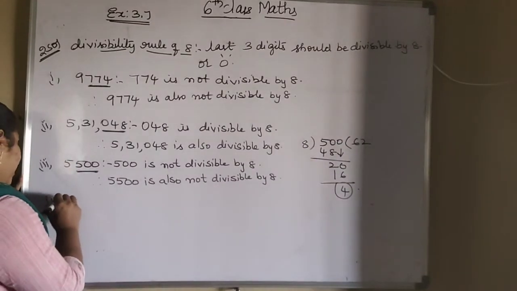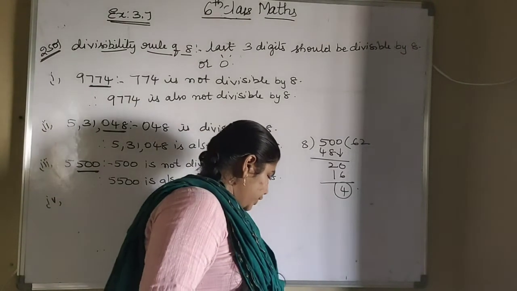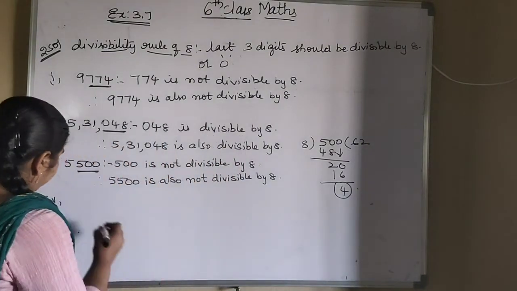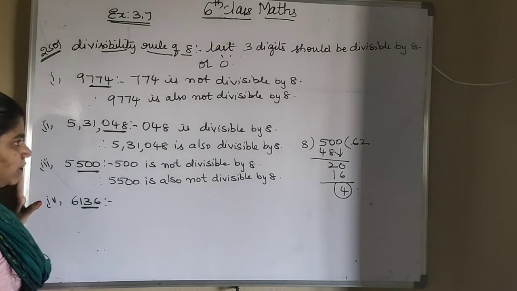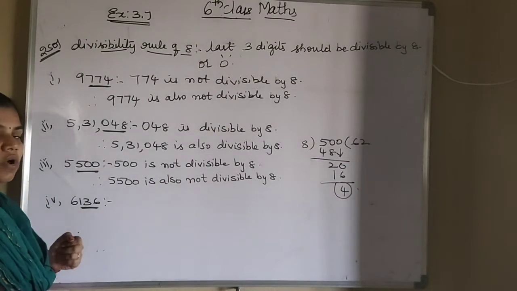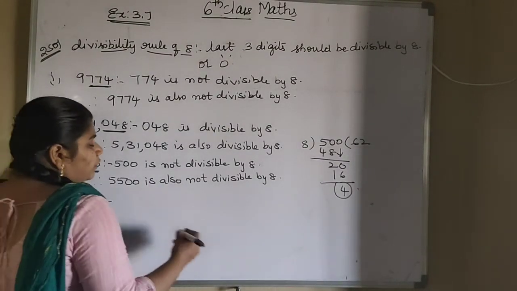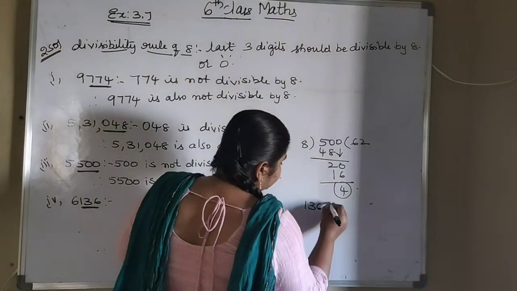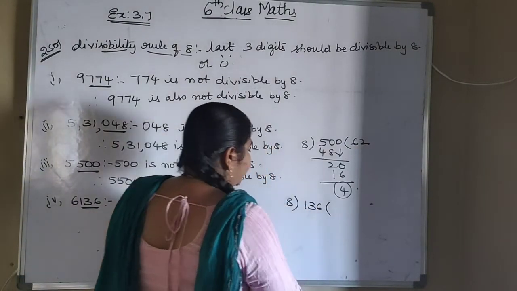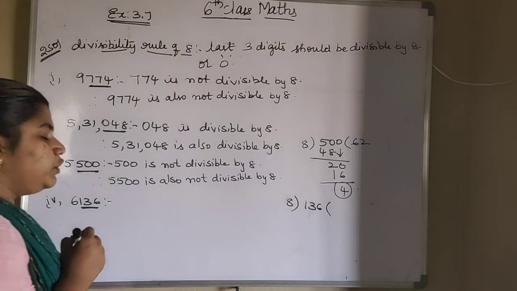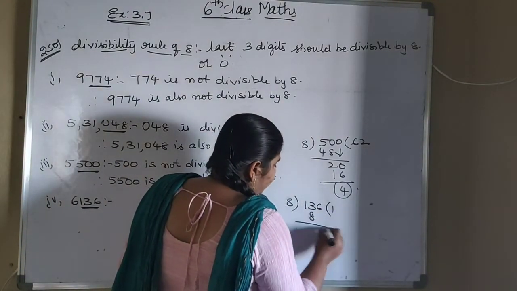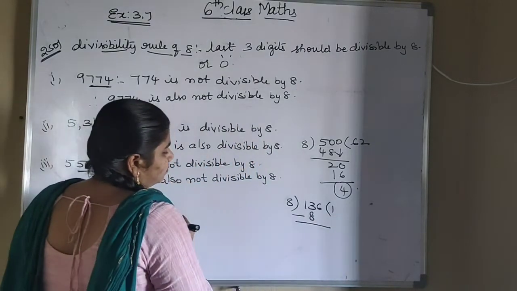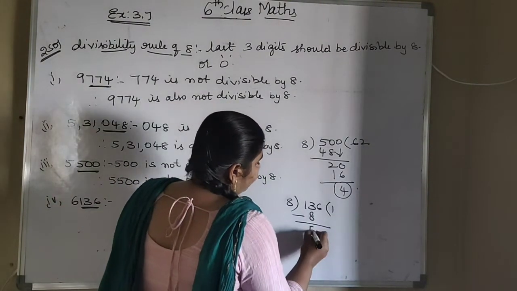Next is the fourth one. What is the fourth one? 6,136. If 136 is divisible by 8, the whole number will also be divisible. So check 136 now. 8 2s are 16, so it will not go. We take one time, 8 1s are 8. How much will it be? 5.